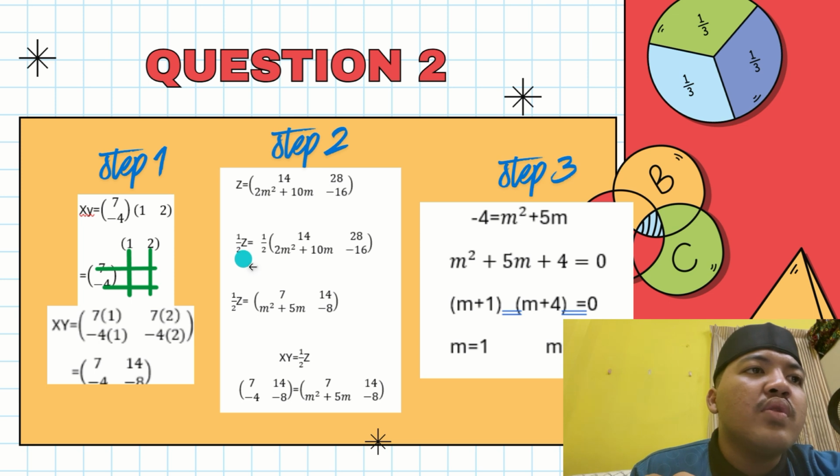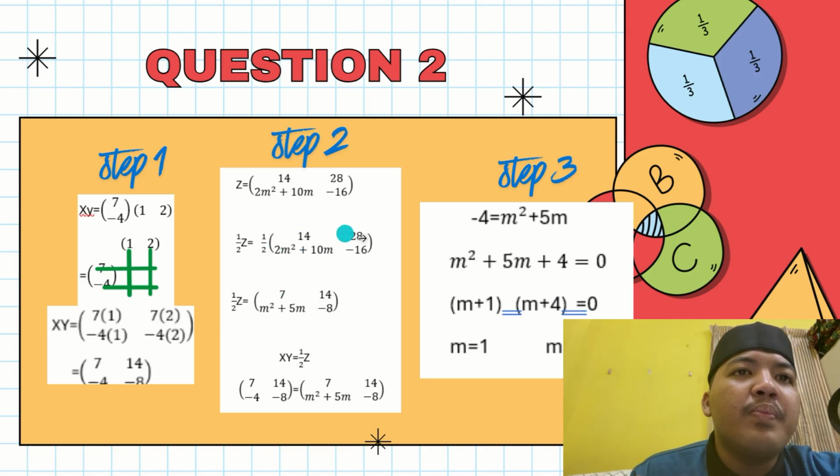So we must calculate 1/2 Z, which is 1/2 in front of the bracket, and we fill in Z. When we multiply 1/2 by 14, we get 7. 1/2 times 28, we get 14.